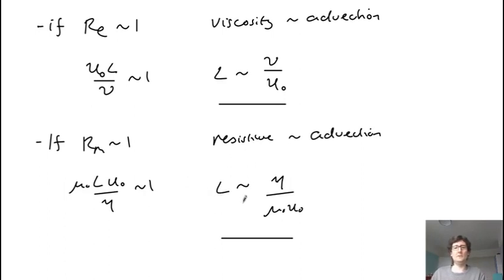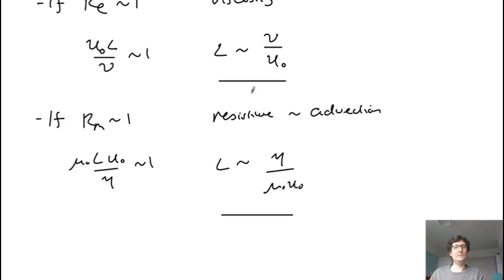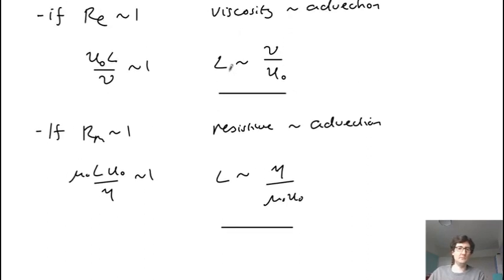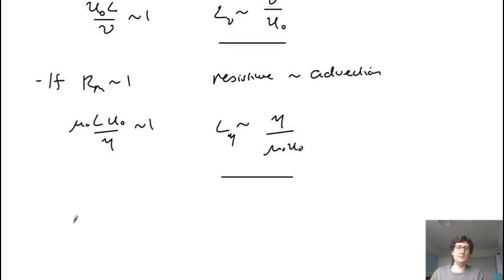So on long length scales, these terms are small and we essentially get back to ideal MHD. So I'll call this one L nu, for example, for the viscosity, and L eta for the resistivity.